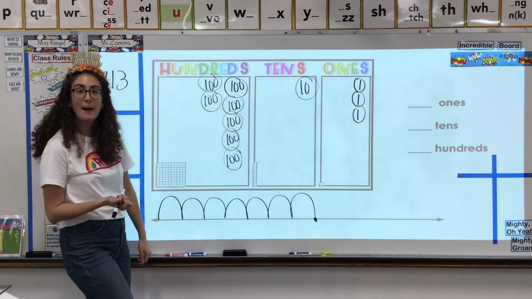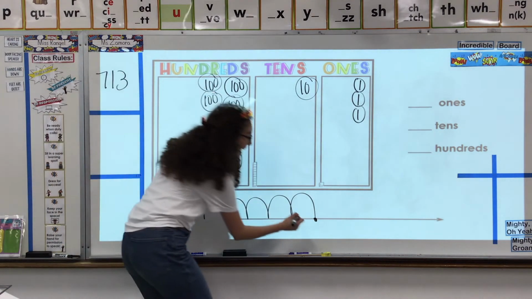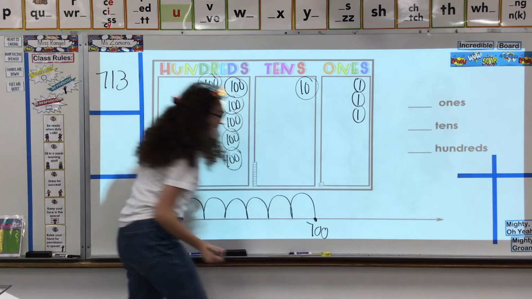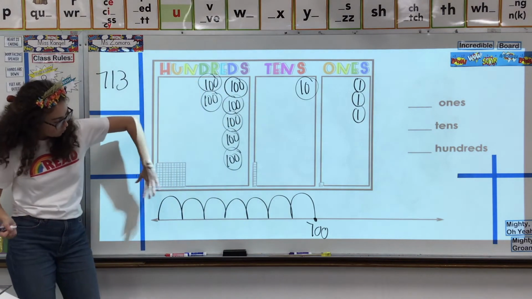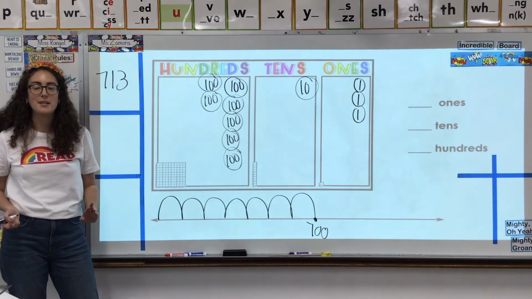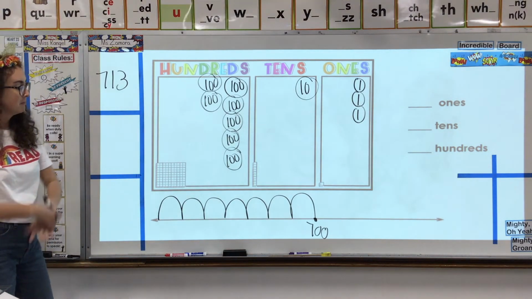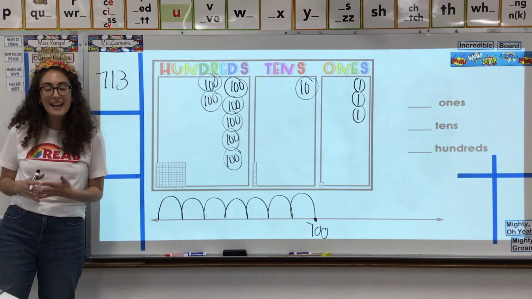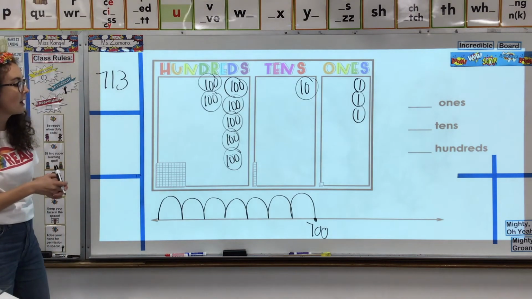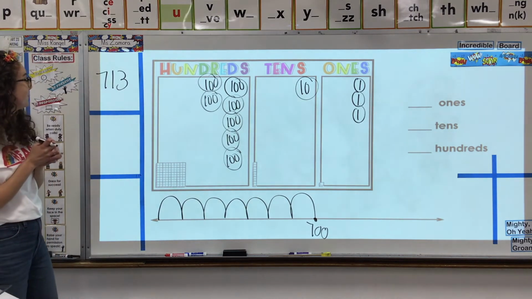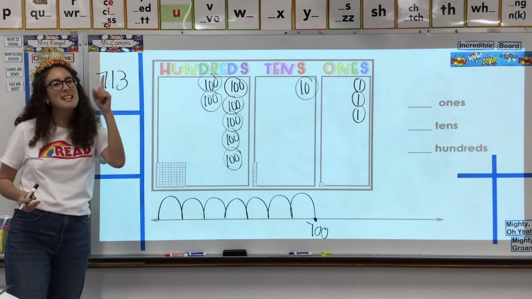Awesome. What did we stop at? 700. Good job. Woo! Look at all those hundreds. Now what are we going to add? Let's jump by tens. How many tens are we going to jump, second grade? Just one.